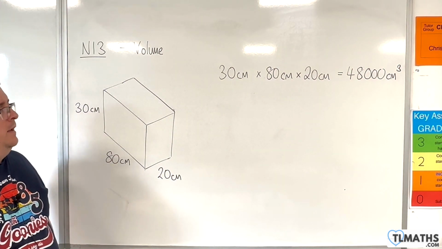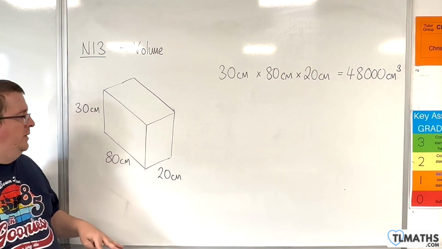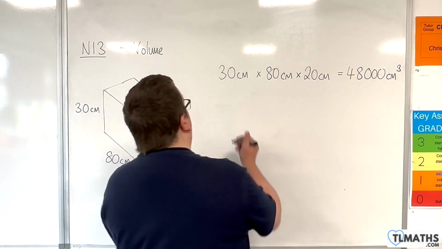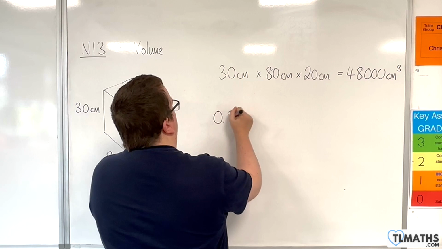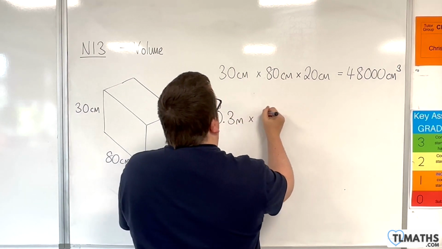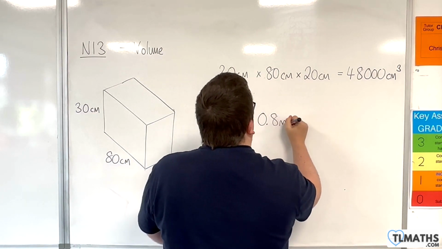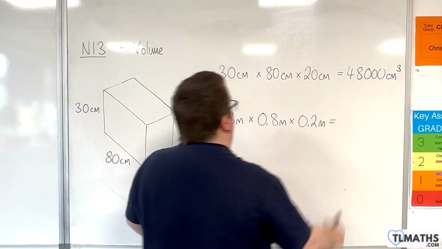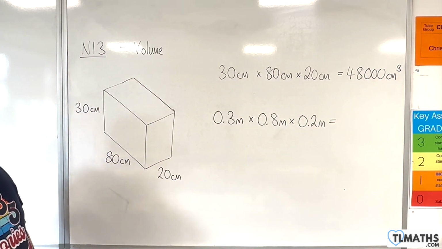Okay? But of course, we could have measured those lengths in metres. So that would be 0.3 metres times by 0.8 metres times by 0.2 metres. Okay?